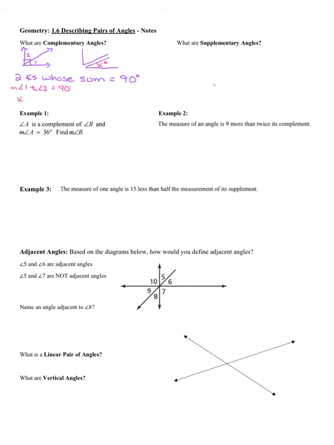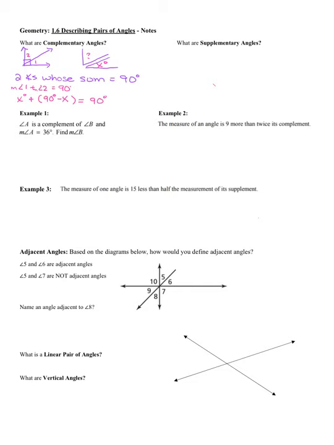So if one of the angles is x, and I happen to know that together these two angles have to add up to 90 degrees, we need that x to cancel out. So you always label the other angle 90 minus x. This is going to play a big role when we start having to translate from the English into a math equation. So you can call an angle x and its complement 90 minus x.